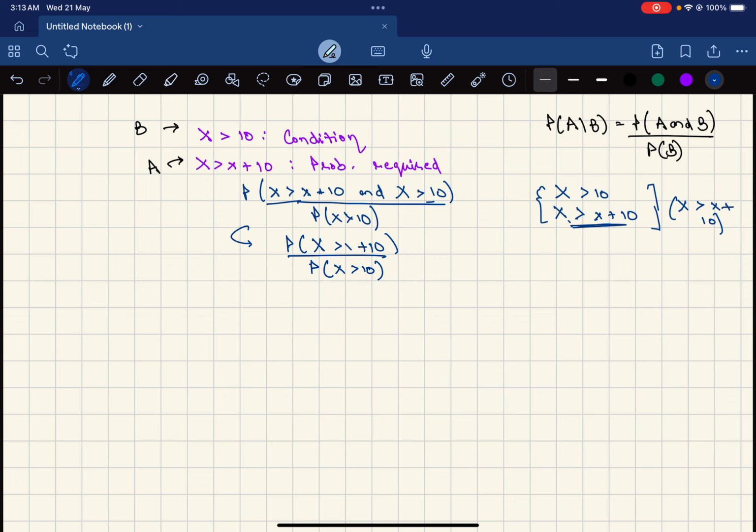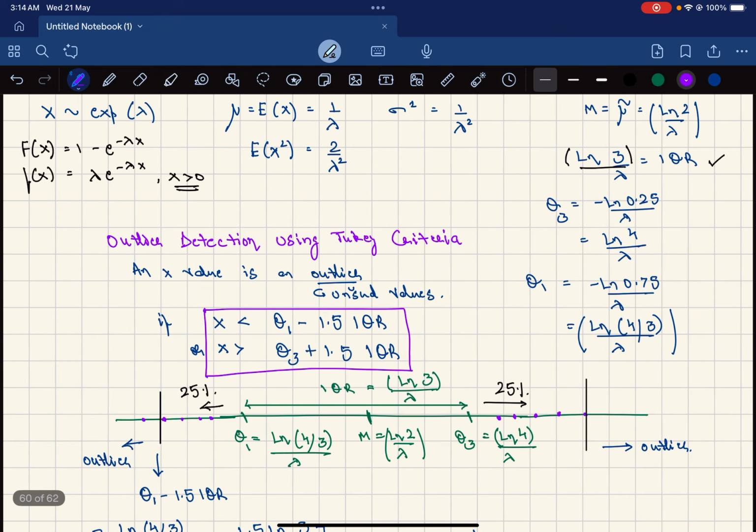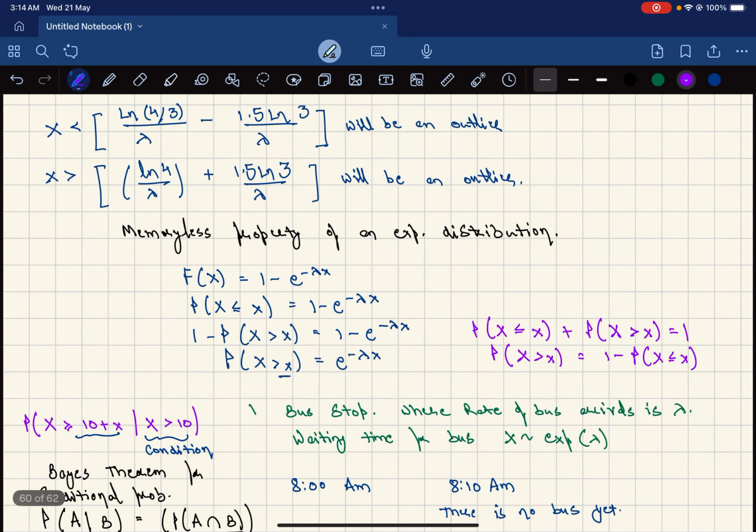Now, we have already seen for the exponential distribution that P(x > x) was e to the power minus lambda x. This is what we saw when we used the complement rule.